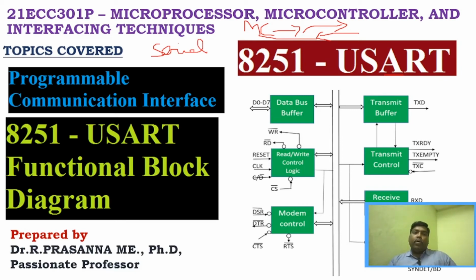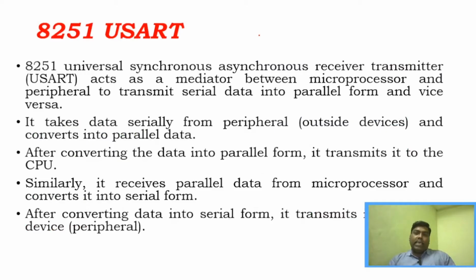So in this video, we will see the functional block diagram and working of 8251, right? So as I said, this 8251 is called as Universal Synchronous Asynchronous Receiver Transmitter, which will act as a mediator between a microprocessor and the peripheral device. So whatever data that is received from peripheral device, it will be a serial data.